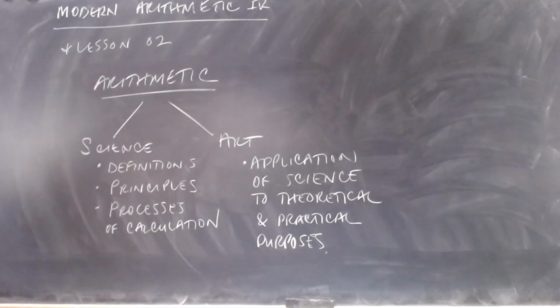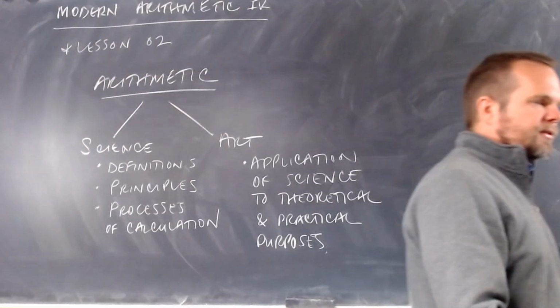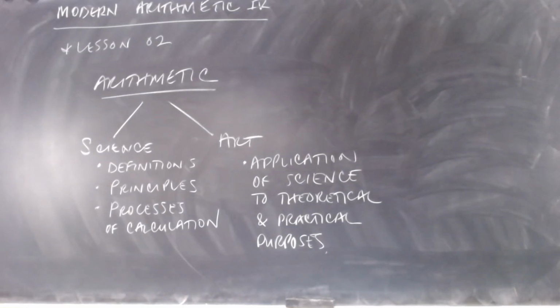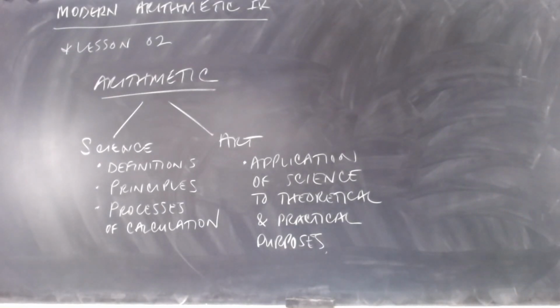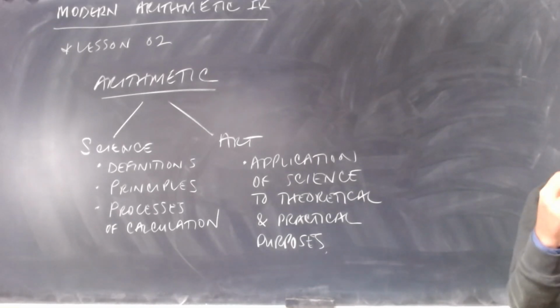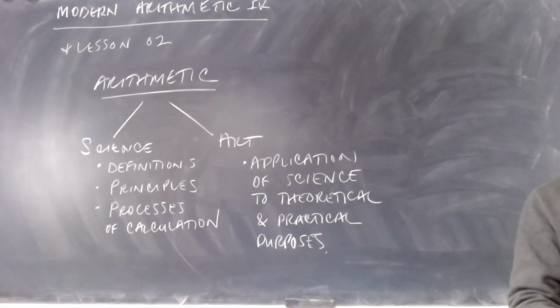When we talk about arithmetic as a science, we're seeking to actually learn the definitions, the principles, and processes. And we can study that in a book, and we can gather all of that knowledge into our heads, and we can know the science of arithmetic. Science, remember, is knowledge.